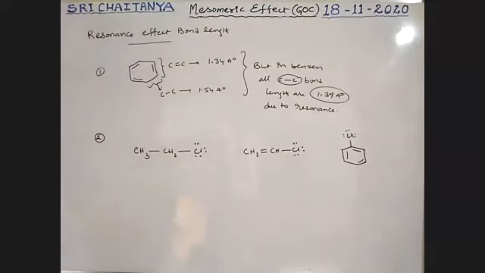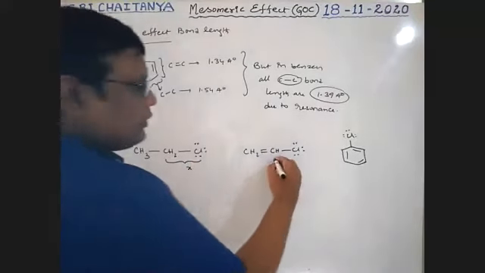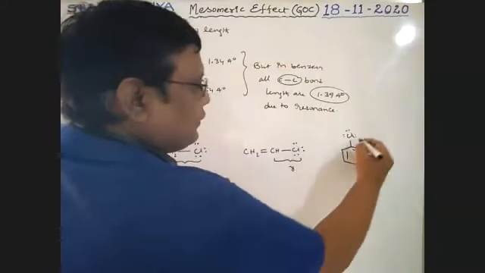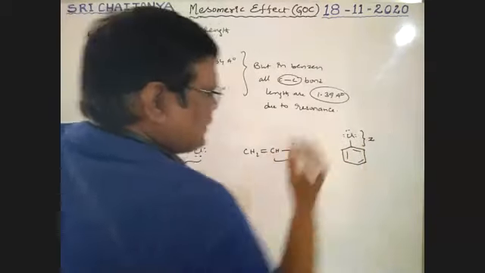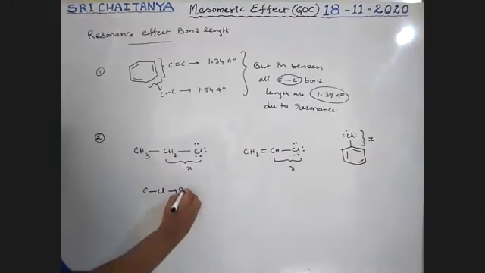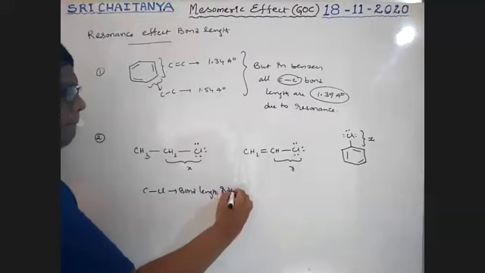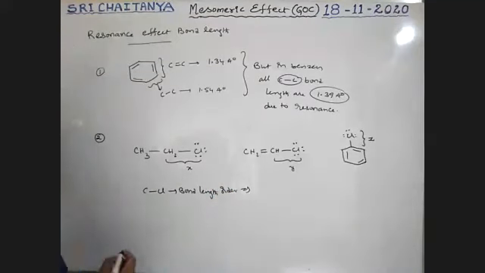Let this be X, this be Y, this be Z, boys. Now, CCl bond length order is dash.